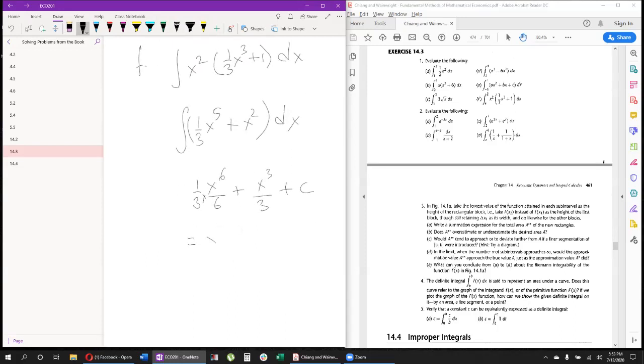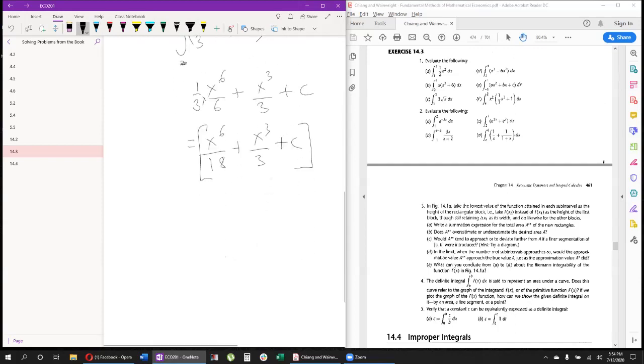So what we get is x to the power 6 by 18 plus x cubed by 3 plus c. Then of course we will have the range, whatever we have here and here, and you calculate that. It's just numbers. Come up with your own numbers and do that.